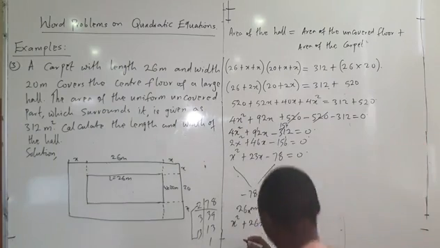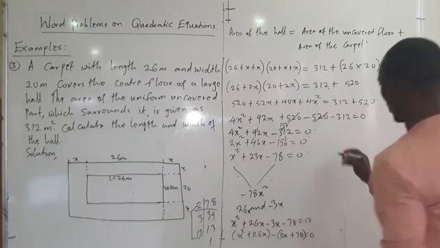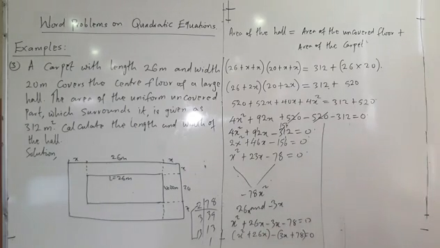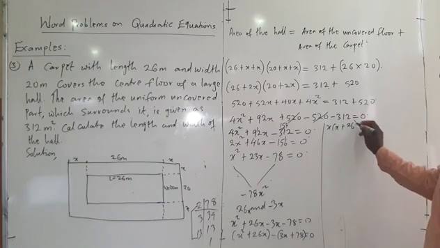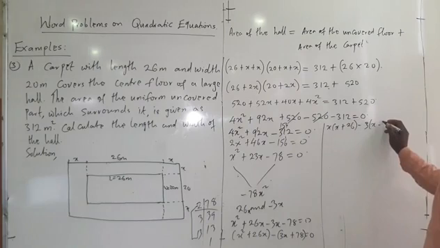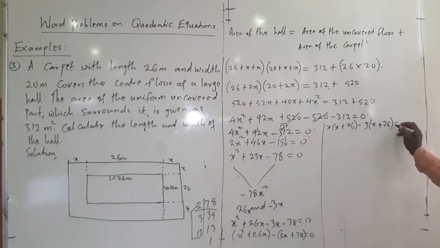So we now look for the common factor, that's x into (x plus 26), minus 3 into (x plus 26), equals 0.